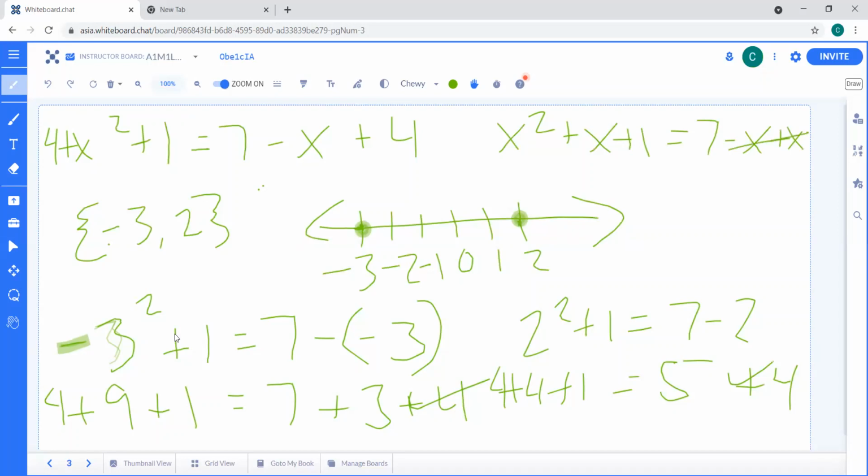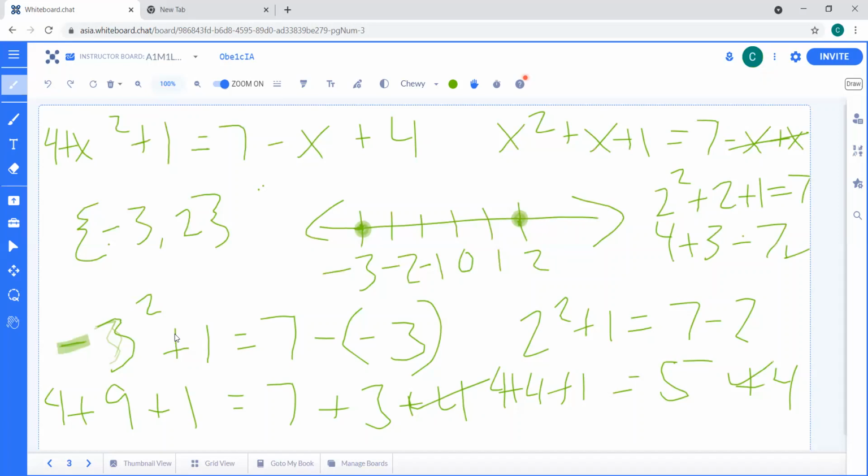And if I said, let's use 2, 2 squared plus 2 plus 1, does that equal 7? Well, 4 plus 3 equals 7. Yeah, it doesn't matter because you're doing the same thing to both sides.